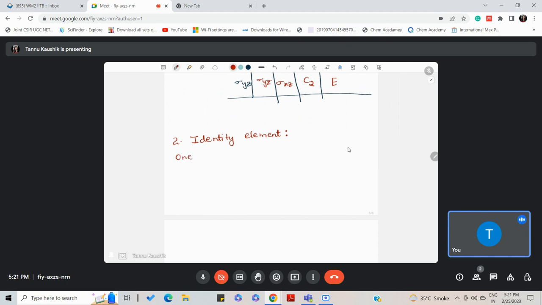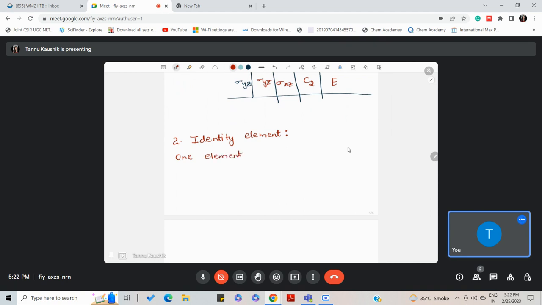So it says there should be one element in the group that must commute with all other elements, leaving them unchanged. Okay, so what does it mean? When we interchange the positions of these two operators, where this one operator will always be fixed, it will always give us the element which will remain unchanged.